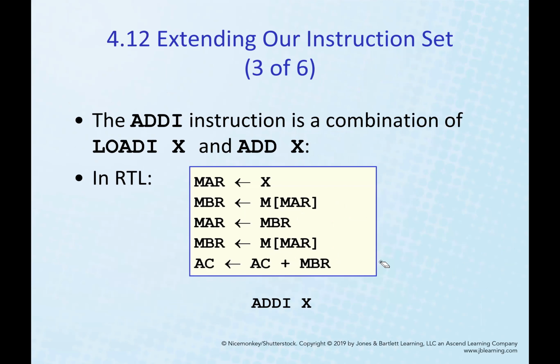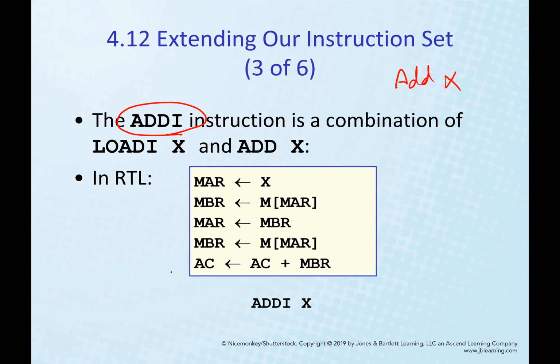What about add? We have add IX. It's the same story. Add X, if you remember, means get the data from address X, add it with the accumulator, and place the result in the accumulator. But add IX says go to address X, find an address, go to the new address, grab the data, add it with the accumulator, and place it in the accumulator.